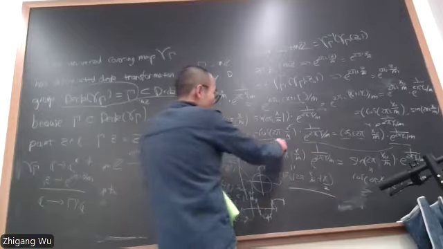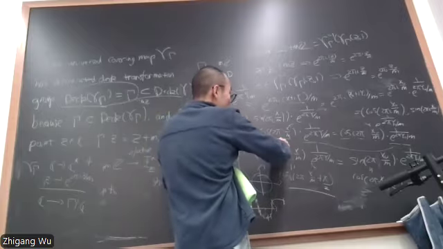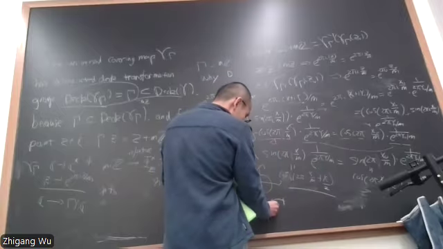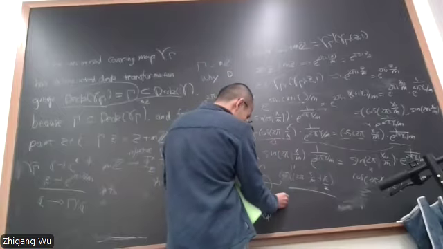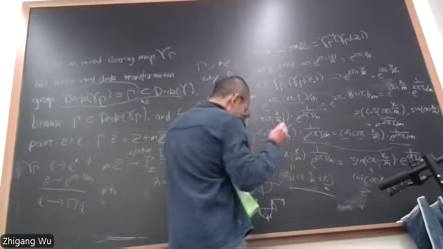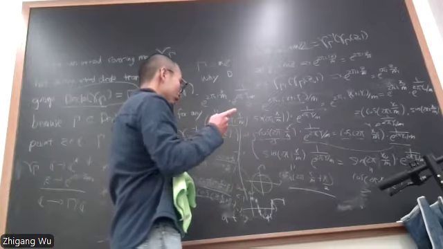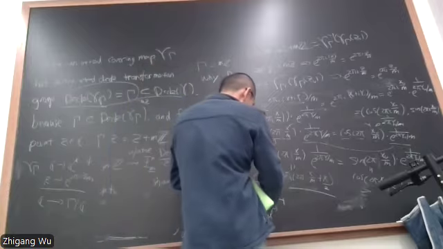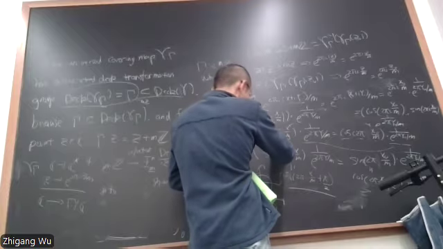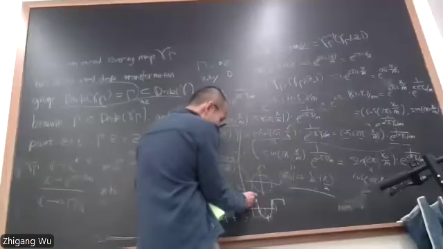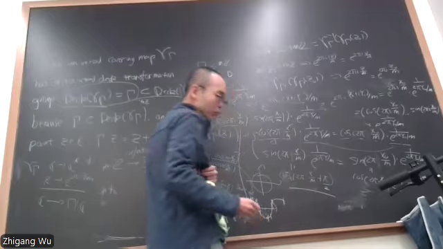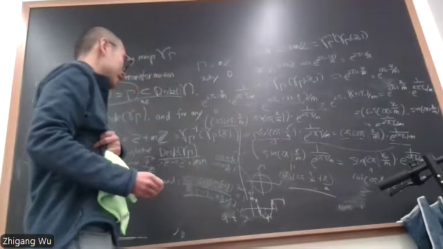You cannot start here because this side is not zero. So if you start here, which is fine, then you have to have another 2 pi added to here. So the only two choices are exactly the same point, or a 2 pi added to it.